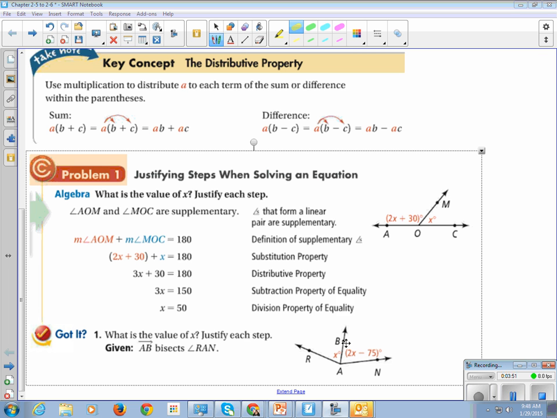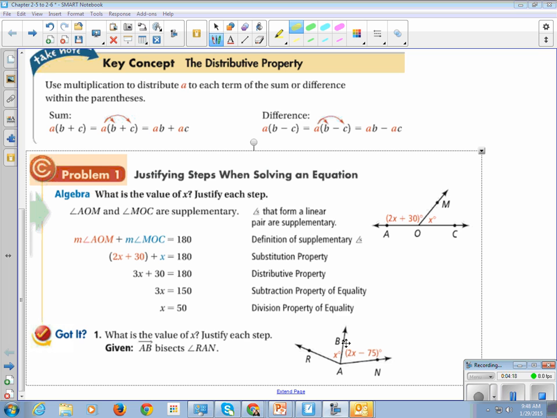So problem number 1, justifying steps when solving an equation. What is the value of x? Justify each step. We are given that angle AOM and angle MOC are supplementary. That means they form a linear pair. So the measure of angle AOM plus the measure of angle MOC is equal to 180.